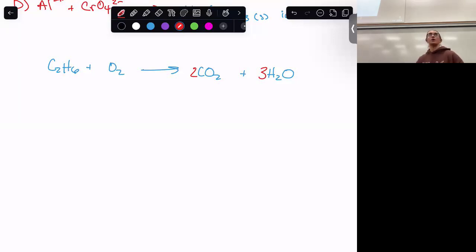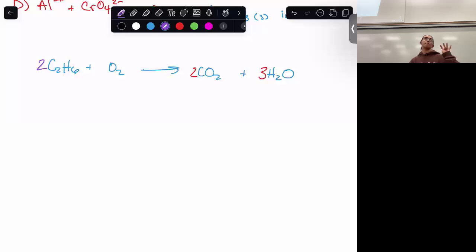I automatically know that that 3 is going to cause me to have an odd number of oxygens on my right-hand side. So I stop there and immediately go back and put a 2 in front of my original compound that I started with.